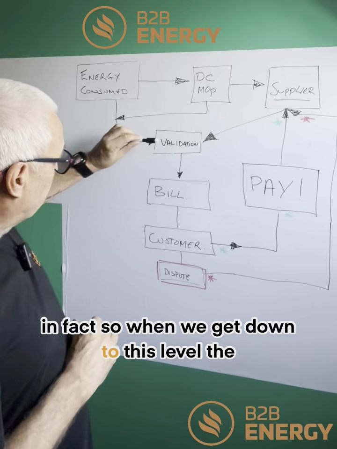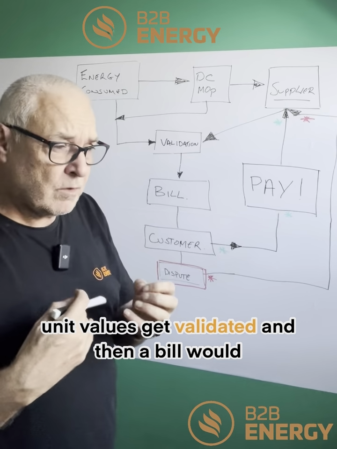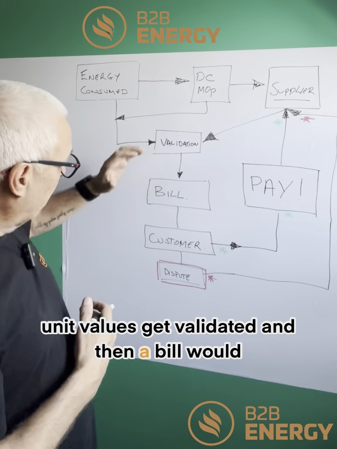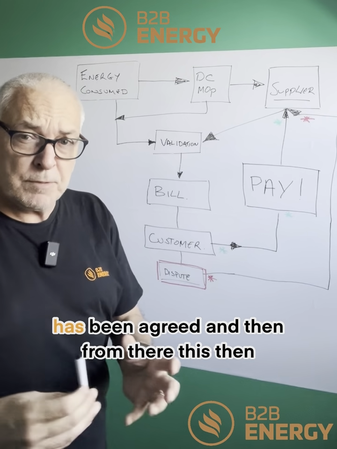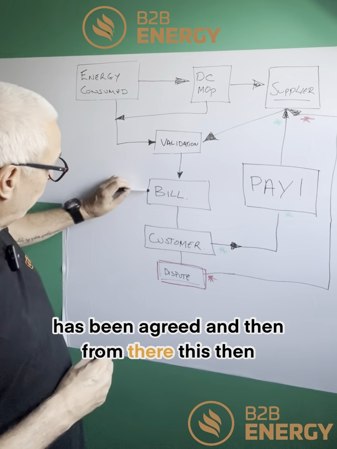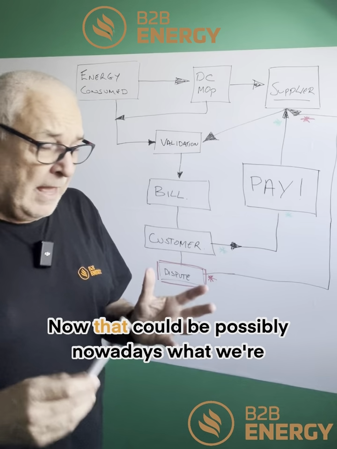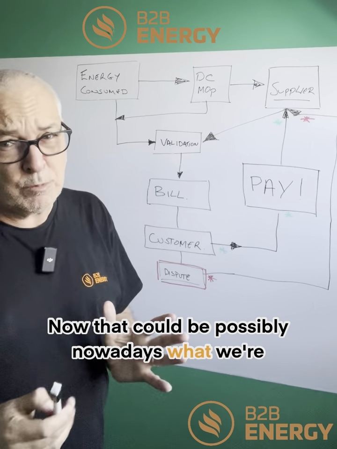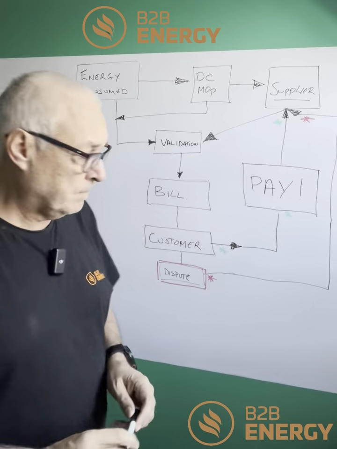So when we get down to this level, the unit values get validated, and then a bill would be produced based on the contract that has been agreed. Then this gets presented to the customer. Nowadays what we're seeing is that bills are being presented on a monthly basis.